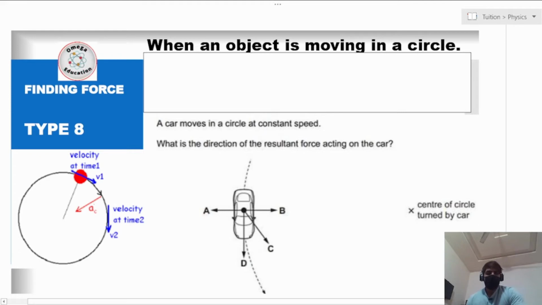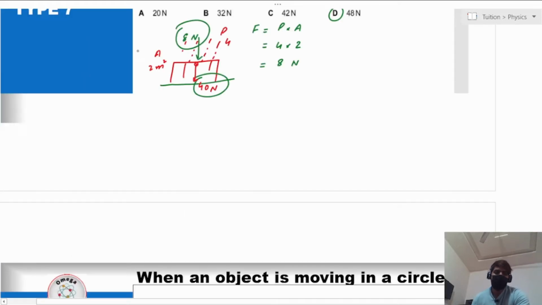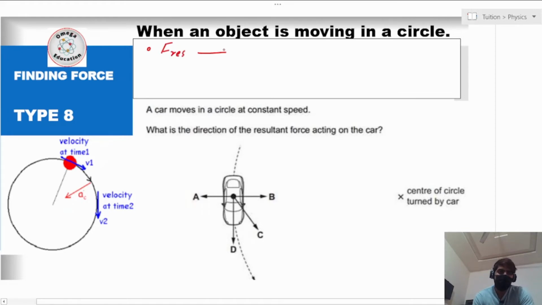Alright, case number 8. When an object is moving in a circle, in that case, the resultant force, write it over here, the resultant force is also called centripetal force, represented by Fc, and that force is directed towards the center of the circle.